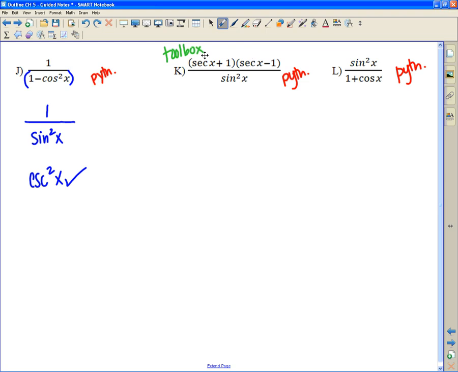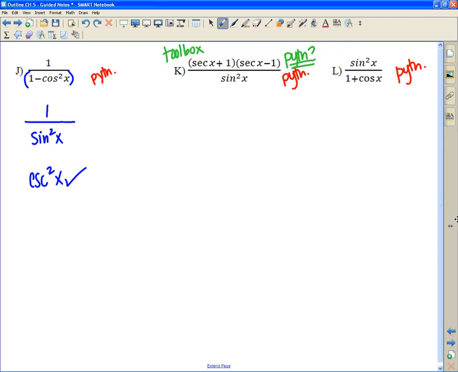Also, I know that if I multiply a secant times a secant, I get a secant squared, and so maybe there's a Pythagorean identity up at the top too. I don't know yet, but I do think ahead, which is very important for you to do also, and I see secant squareds and I see a -1, and that really shouts Pythagorean to me. So I always analyze the problem before I get started.